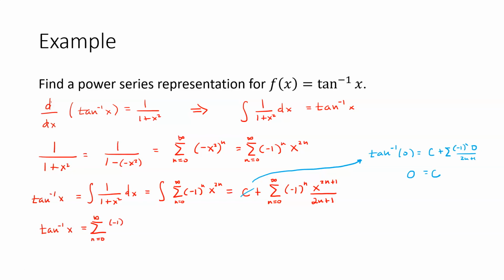So it's an alternating series, negative 1 to the n, x to the 2n plus 1 over 2n plus 1. So notice here that it's got odd powered terms, and it's an alternating series. So it would start with x minus x cubed over 3 plus x to the 5th over 5, and so on, x to the 7th over 7.